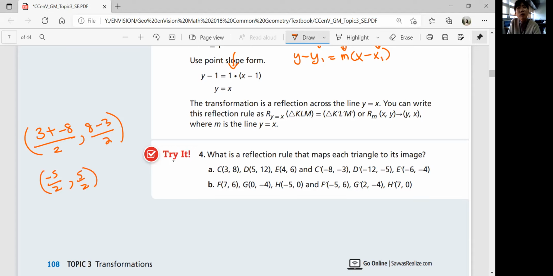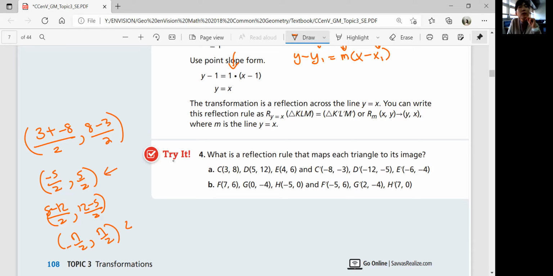That should be one midpoint. What about D? (5 minus 12)/2, comma, (12 minus 5)/2. That should be 7 over 2 and 7 over 2. Oh, that's negative 7 over 2 and 7 over 2.